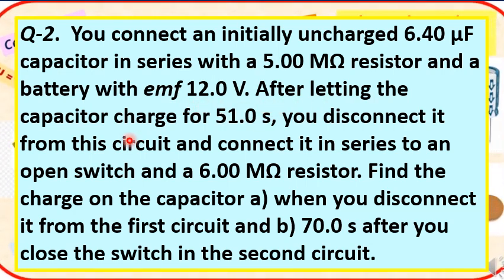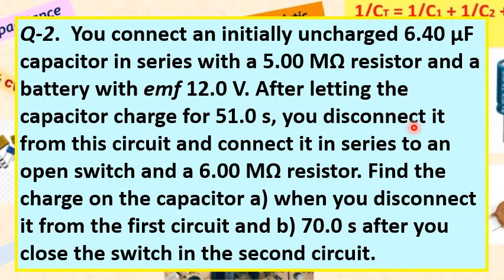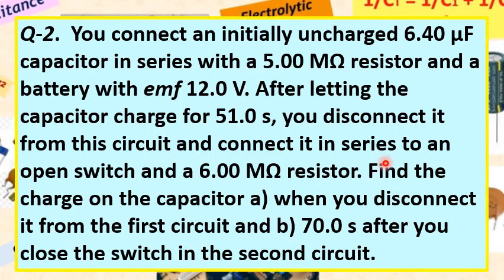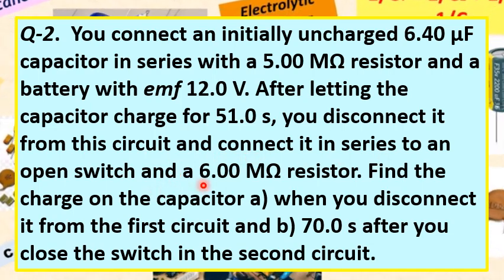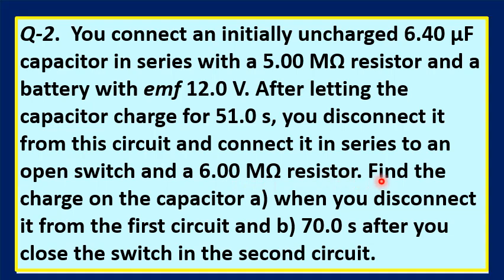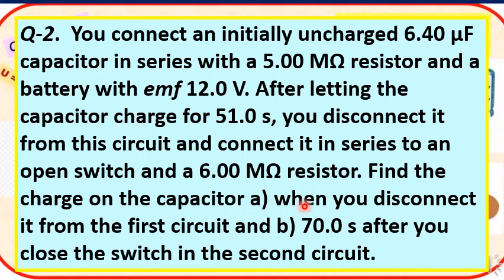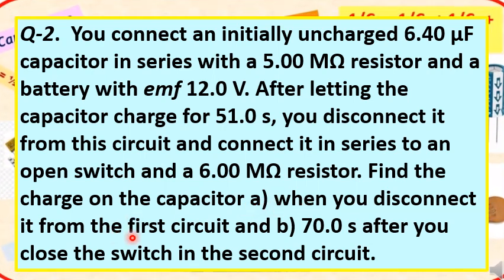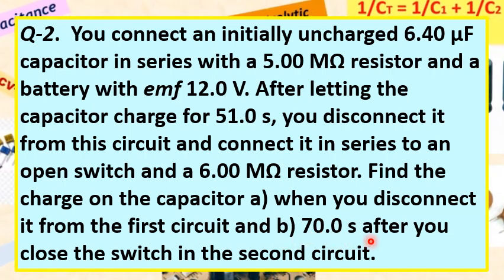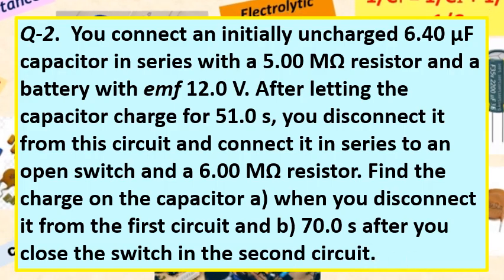After letting the capacitor charge for 51.0 seconds, you disconnect it from this circuit and connect it in series to an open switch in a 6.00 mega ohm resistor. Find the charge on the capacitor, letter A, when you disconnect it from the first circuit, and letter B, 70.0 seconds after you close the switch in the second circuit.